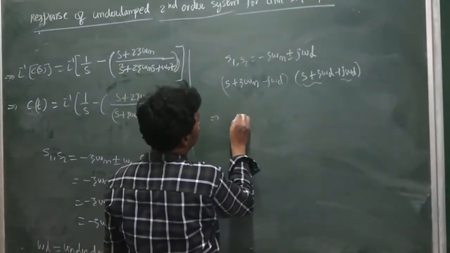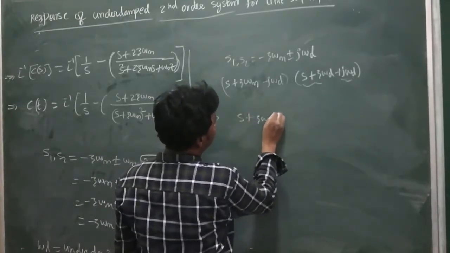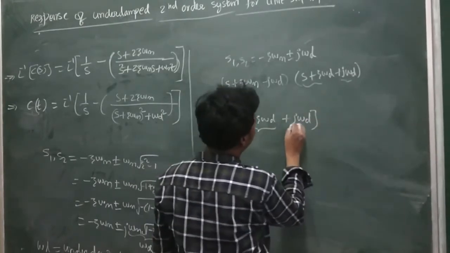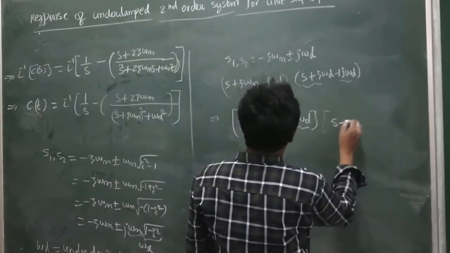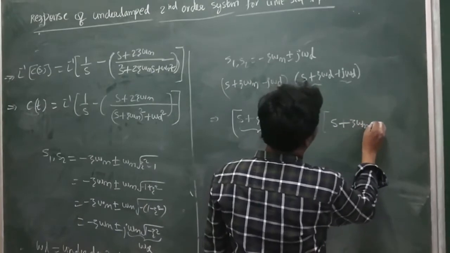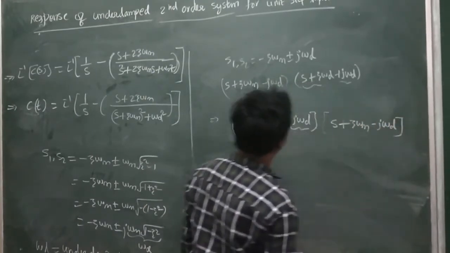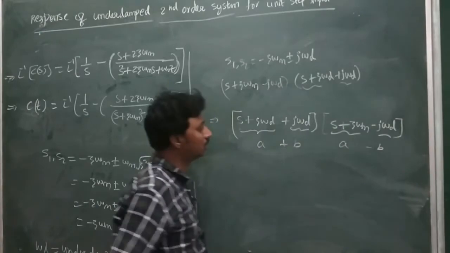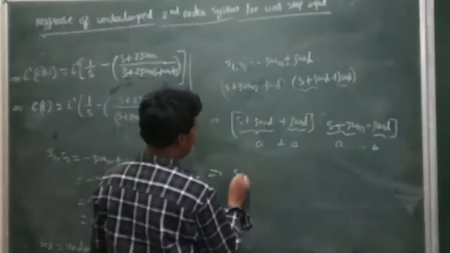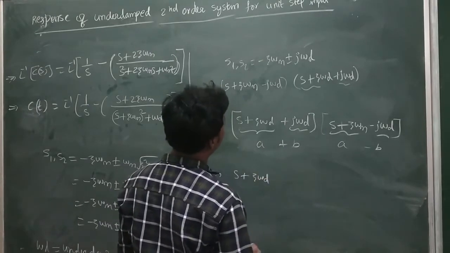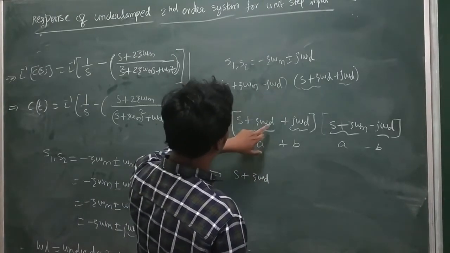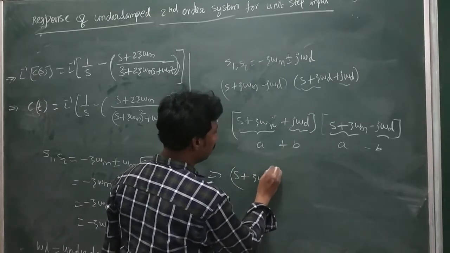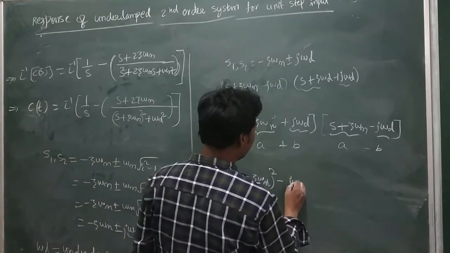So (s plus zeta omega n plus j omega d) into (s plus zeta omega n minus j omega d) is equal to a square minus b square, where a is s plus zeta omega n and b is j omega d.